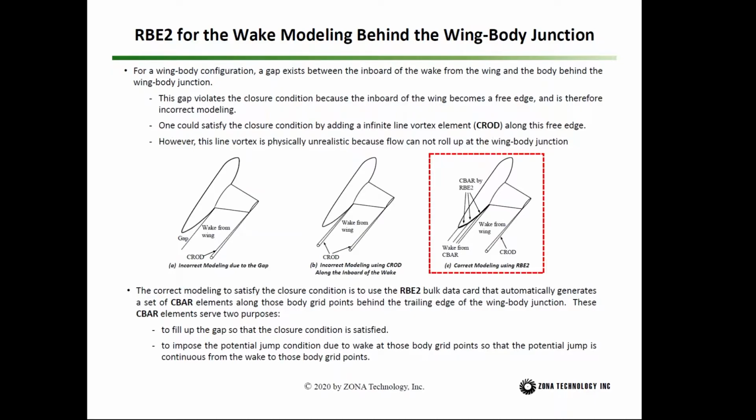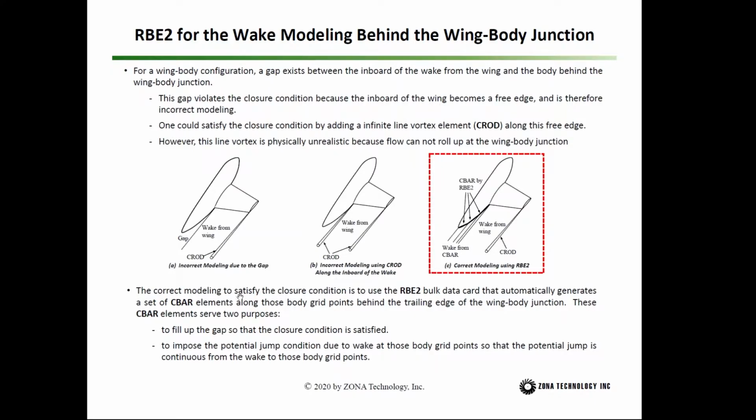However, if you put a CROD along the inboard of the wake, this is incorrect modeling because the flow cannot roll up from the wing root, so you have to satisfy this closure condition by adding influence line vortex along the free edge. But this CROD is physically unrealistic because the wake cannot roll up at the wing-body junction.